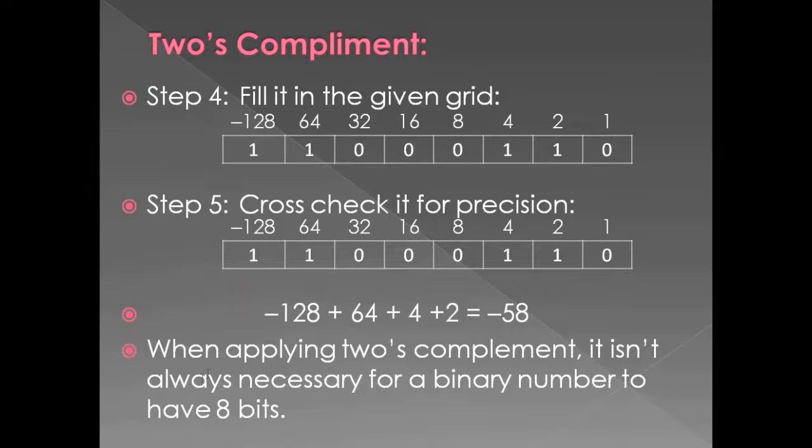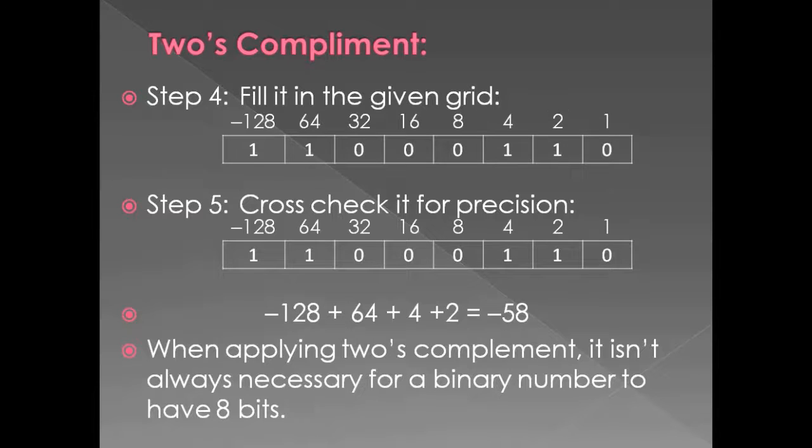When applying 2's complement, it isn't always necessary for a binary number to have 8 bits. The examiner may give you a 6-bit, 8-bit, 12-bit, or any other number of bits register in the paper. Just remember that whatever would be the leftmost bit, it would always have a negative sign.